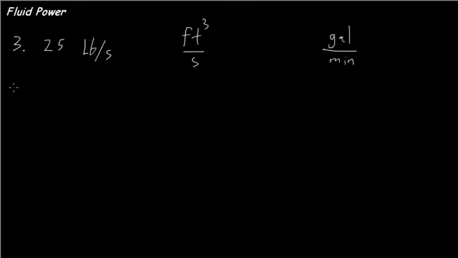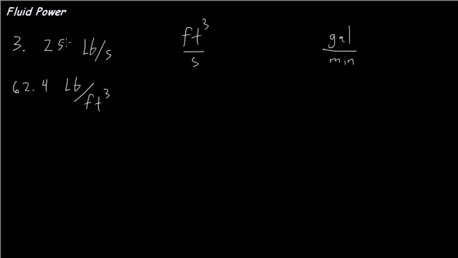Next, we're going to convert volume flow of 25 pounds per second. We want to convert that to cubic feet per second and gallons per minute. So we know that the density of water is 62.4 pounds per cubic foot.